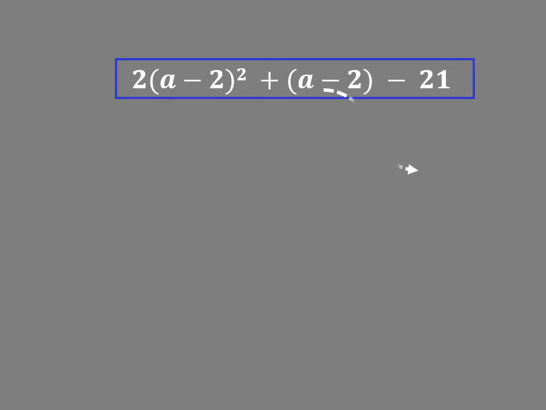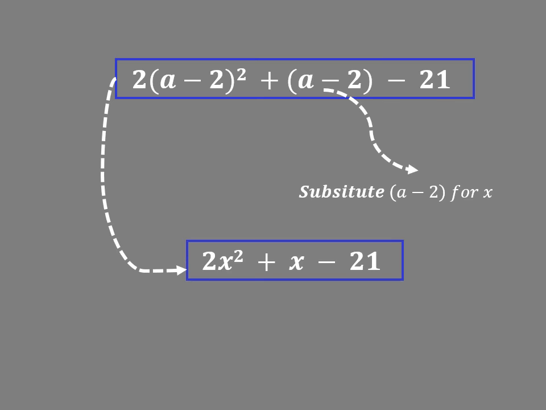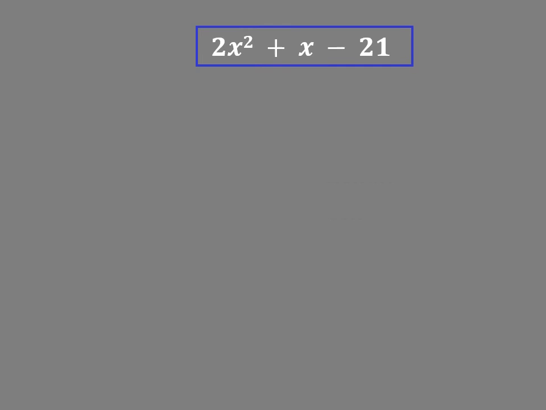Now here we're going to replace a minus 2 for x. We're going to substitute a minus 2 for x. So the following example will become 2x squared plus x minus 21. And this can be factored as such.